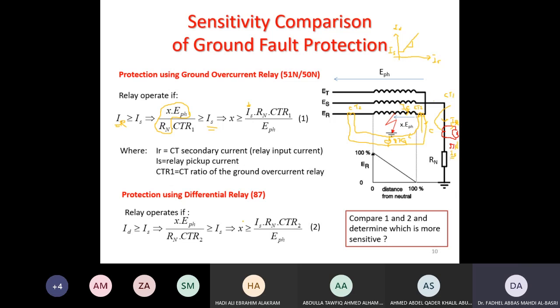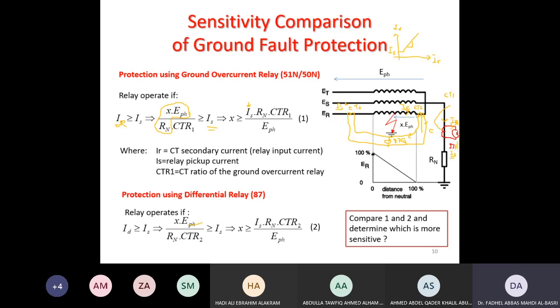The second, when you have differential, it's the same thing. The fault current divided by CT2 gives me this current. Now I'm assuming this is open, because the breaker is open, so this current is I equal to 0 from this side. So the differential current here is the difference between this and this 0, the same as this over CT2.